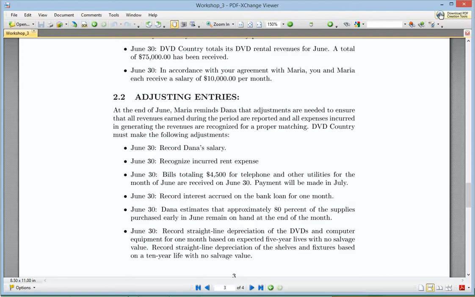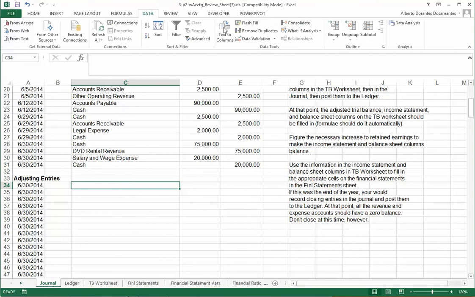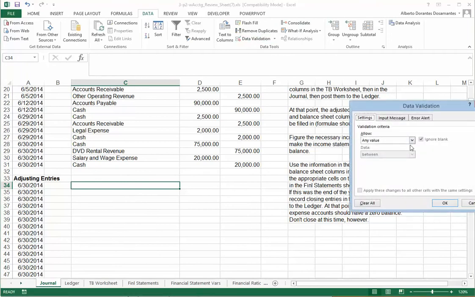Then what we have to do is, in our adjusting entries, we go here, and then here we select salary expenses. Here you can do something like we did with the data validation.